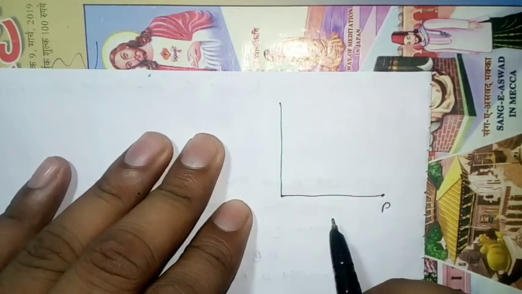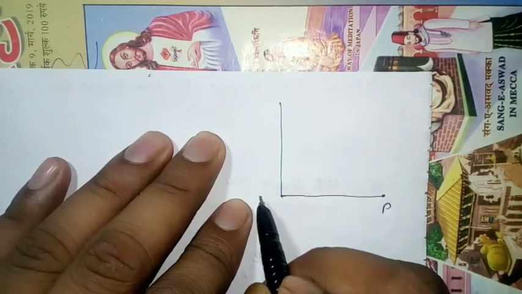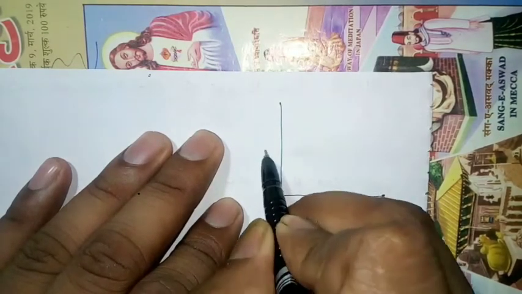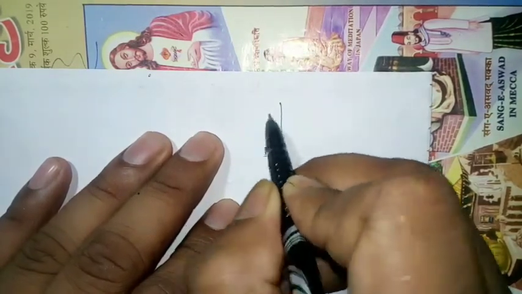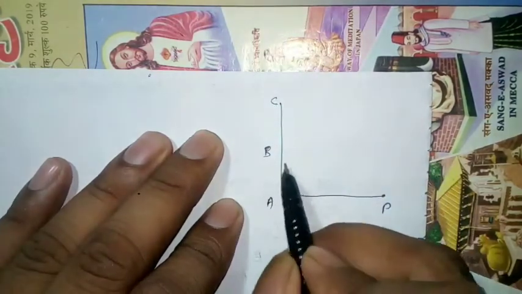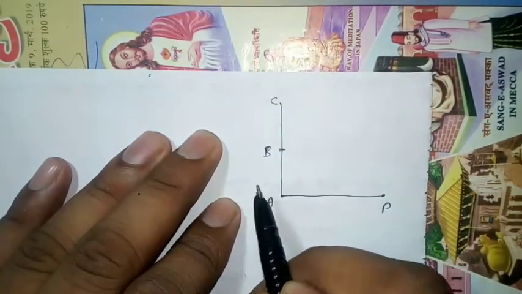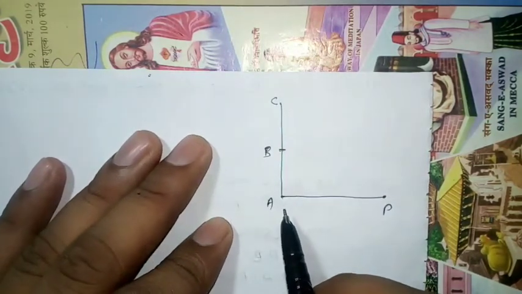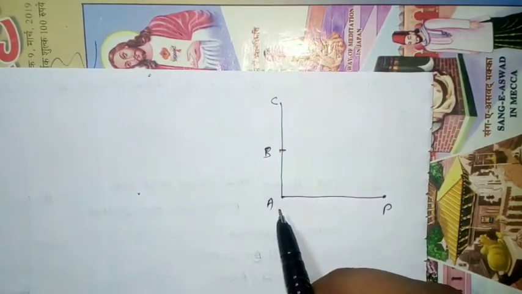From the point P, there is a building and also a flagstaff. Suppose that AB is a building and BC is a flagstaff.